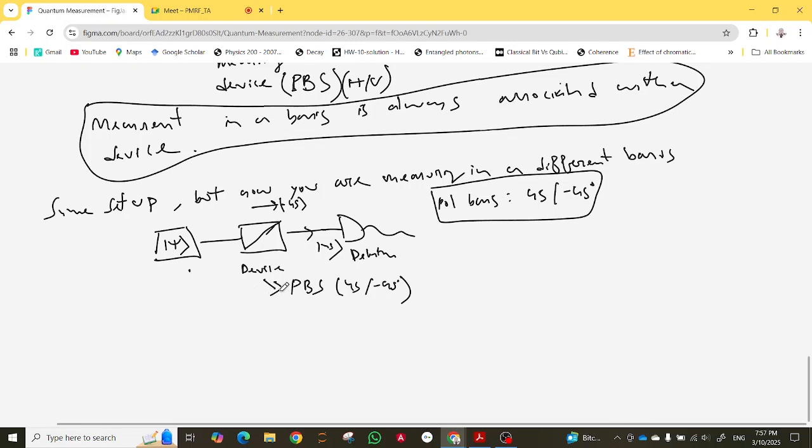In quantum mechanics, you can have some other basis. Suppose in the lab we use a CCD camera, right?